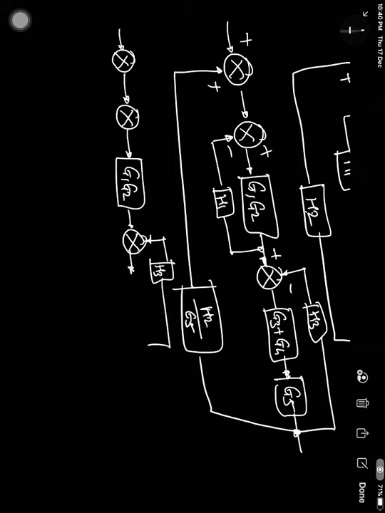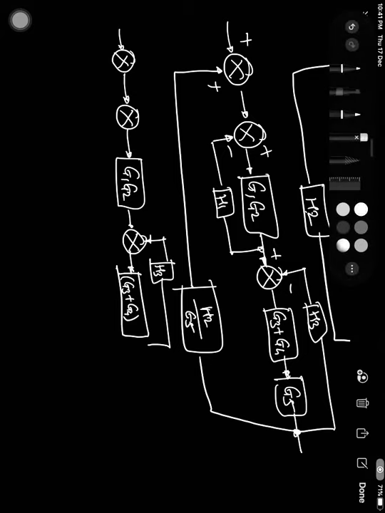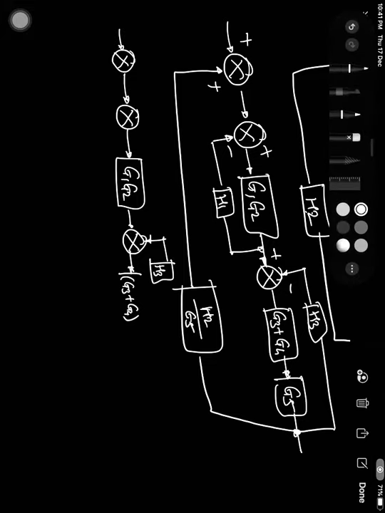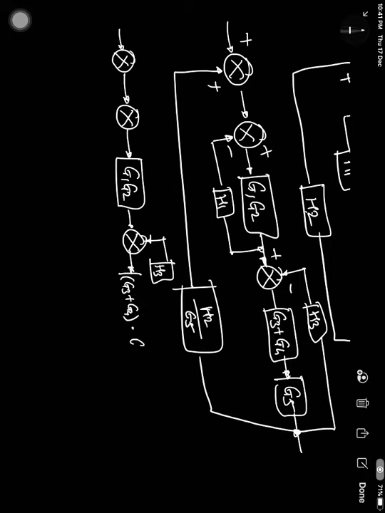And in this particular block, now what you will get is G3 plus G4 into G5, right, and then the summing point as it is. So this was in series, therefore I had recollected it. Now this is next.